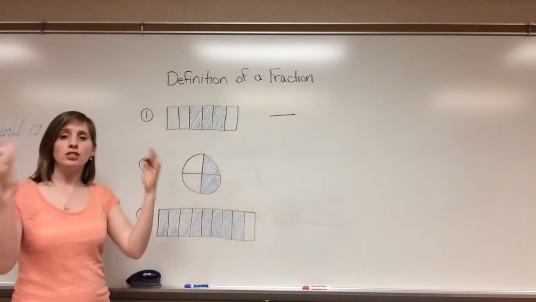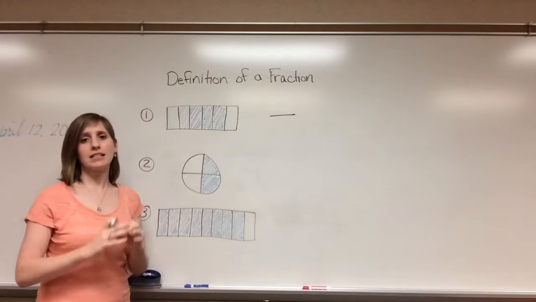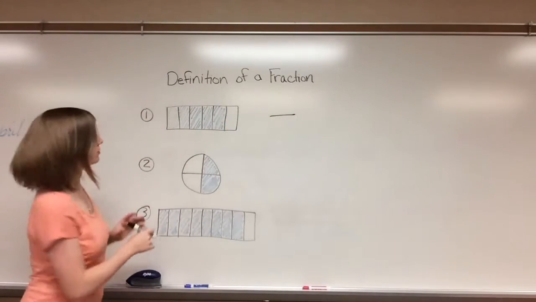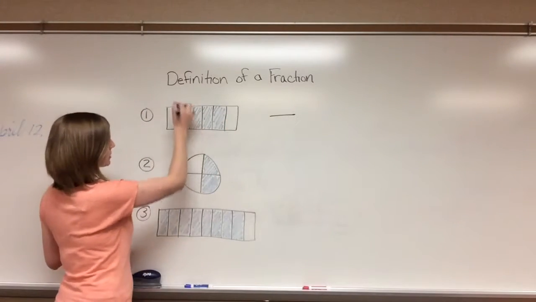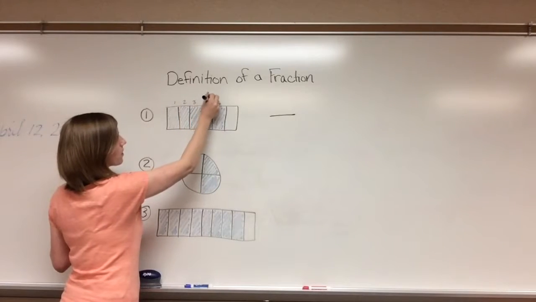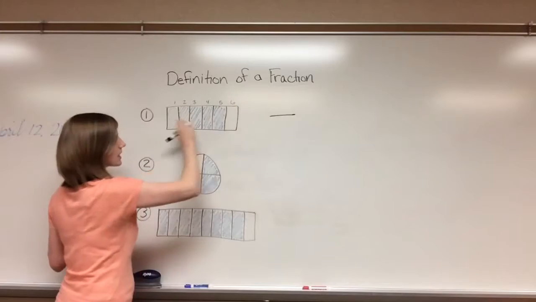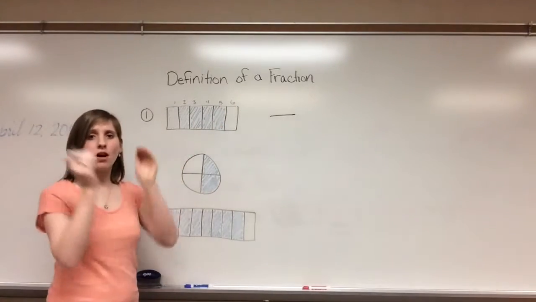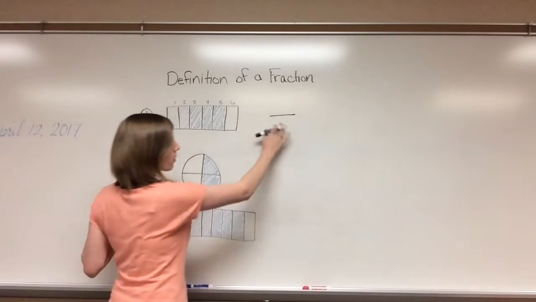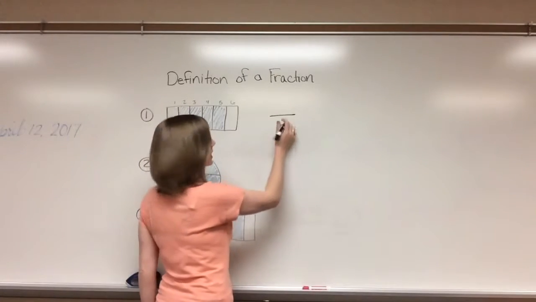So the whole is just the total. How many pieces does it take to make the whole picture? So let's go ahead and count the total first. If I take a look at my picture, I've got 1, 2, 3, 4, 5, 6. 6 pieces. If I put all 6 pieces together, I've got the whole picture. So my whole, the denominator, is 6.